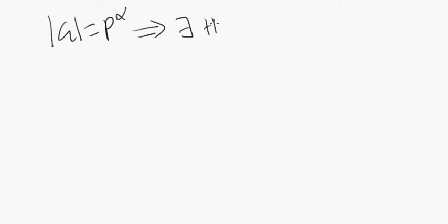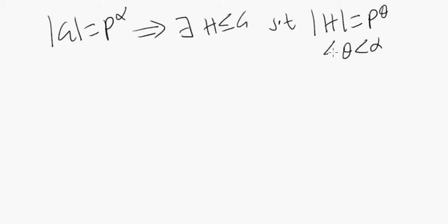Does the question now become: how can we prove that the order of G equals p to the alpha implies that there exists H subgroup of G such that the order of H equals p to the theta, where theta is between 1 and definitely less than alpha, right? How can we prove this statement is the question.